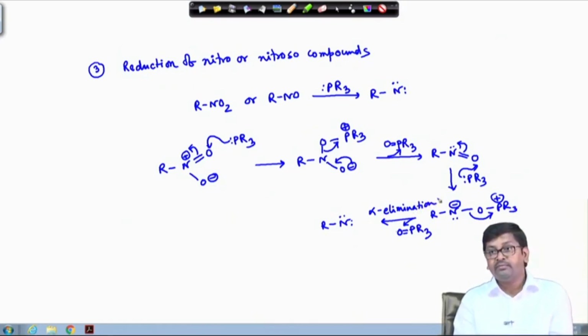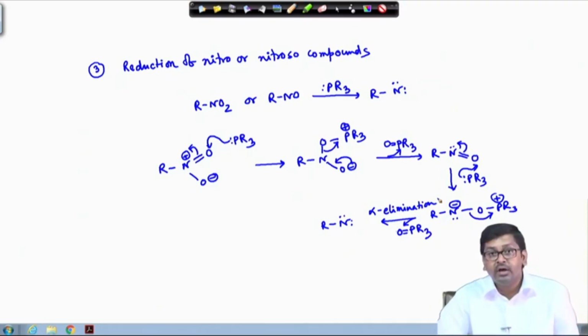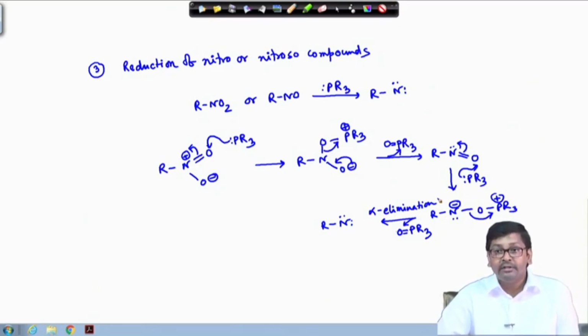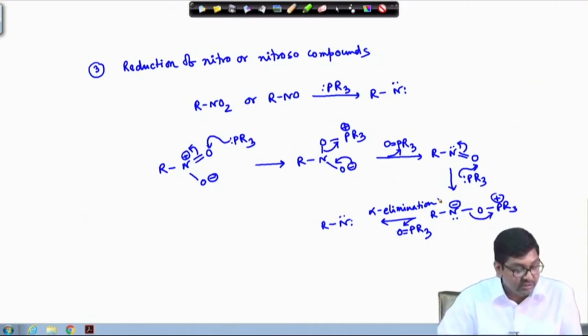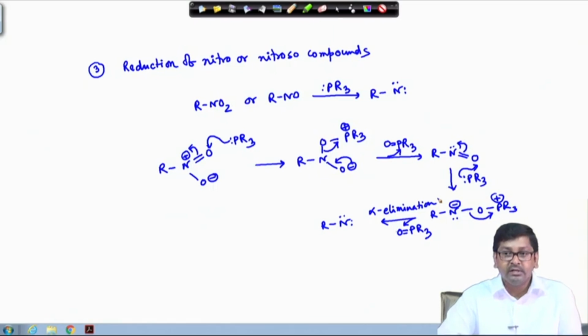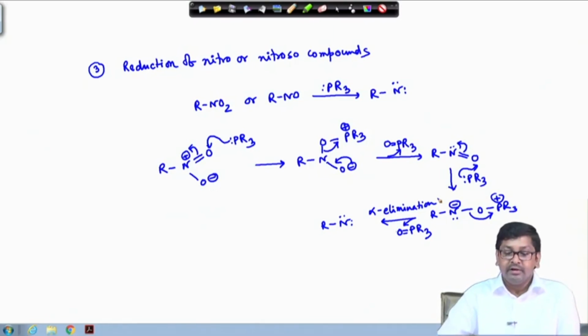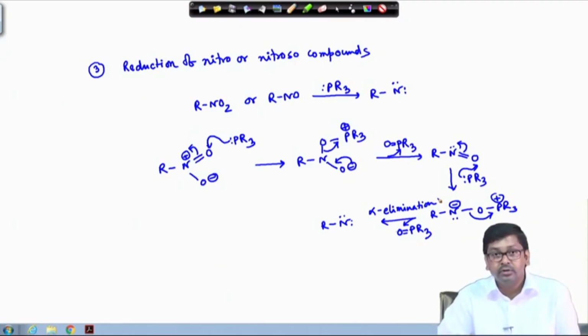Okay. So, what we have seen is not only the thermolysis or photolysis of azides, which is a very common method, but other methods are also similarly important, either it is the formation of nitrenes from different types of heterocycles through thermolysis or photolysis, or it could be the alpha elimination, or it could be the reduction of nitro or nitroso compounds.